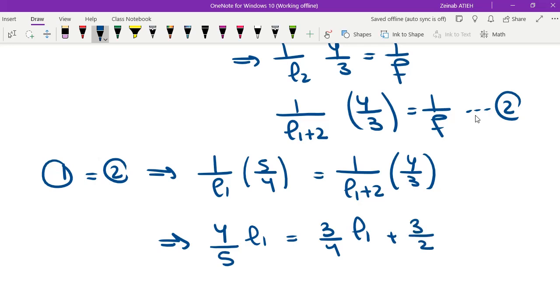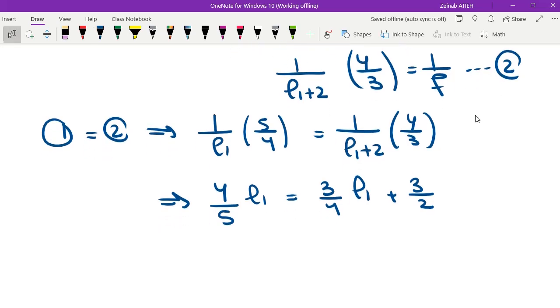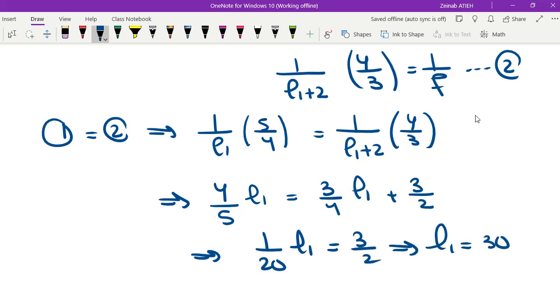Arranging L1 to one side, we get 4 over 5 minus 3 over 4, which gives 1 over 20 L1 equals 3 over 2, and this is your job to calculate. You will get L1 equals 30 centimeter.